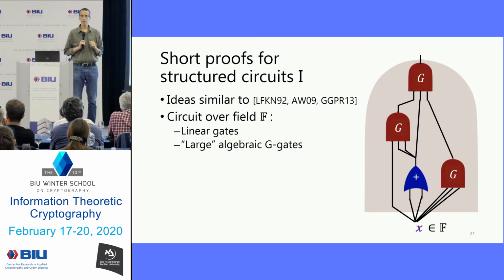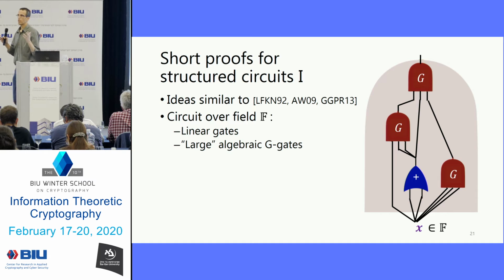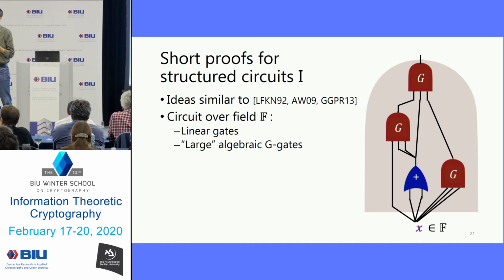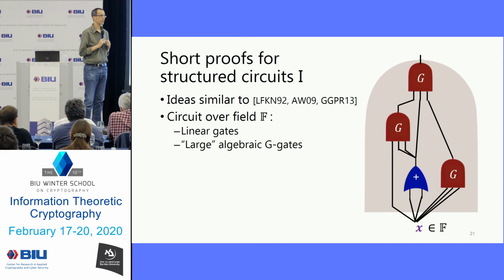It has two types of gates. It has an addition gate, or addition gates in plural, and G gates. And each G gate can be large, but hopefully the degree is kind of small. And here's what we want to prove.